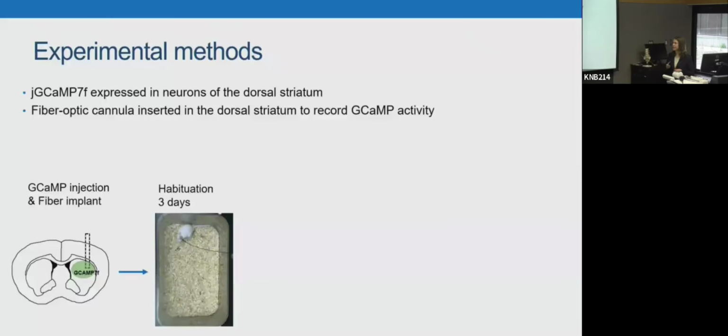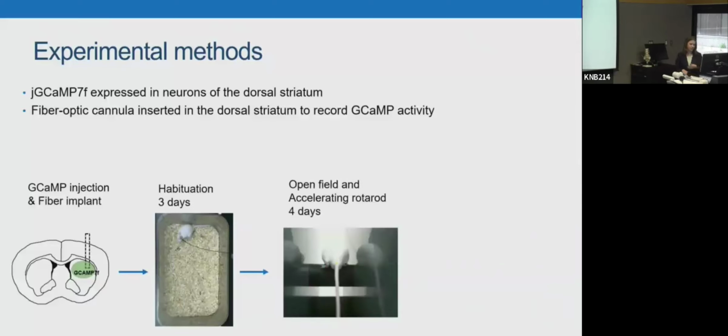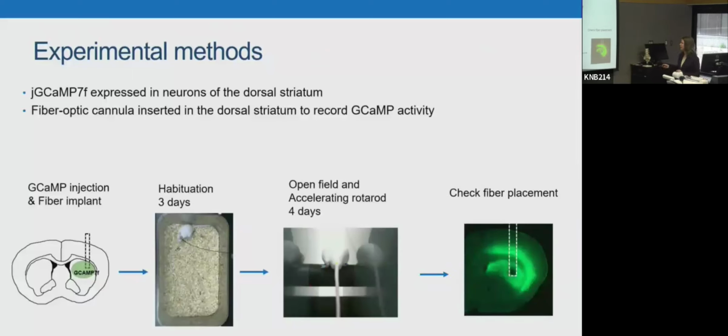This is a technique where we can measure them during freely moving behavior, but it still takes some time for them to get used to being attached to the system. After this, we do the behavior. That was open field and accelerating rotarod for 4 days. And then at the end, we also check the placement of the fiber in the brain just to make sure it's in the right place and that we have good GCAMP expression there.